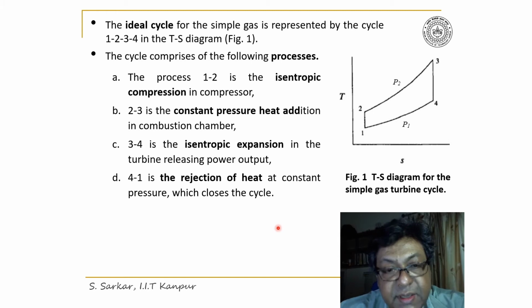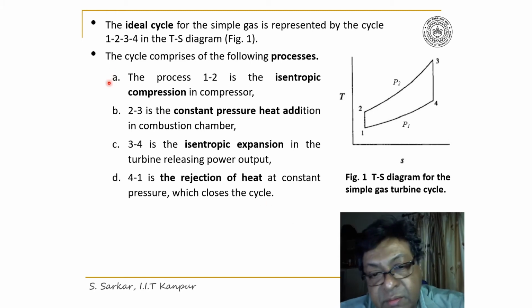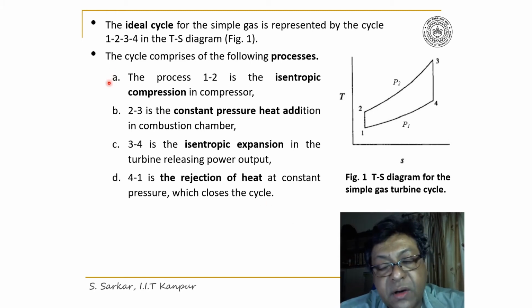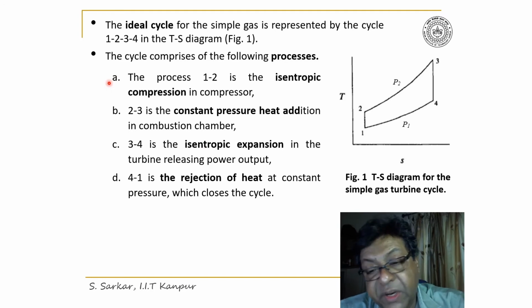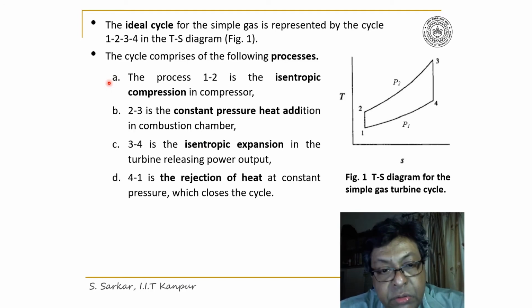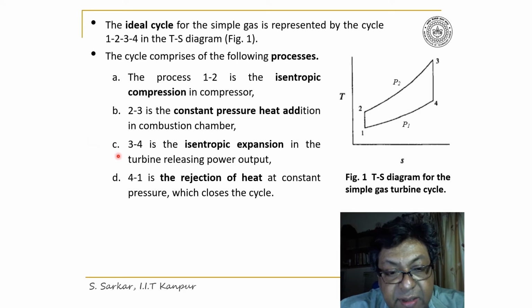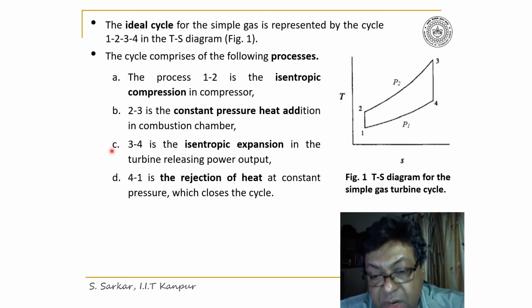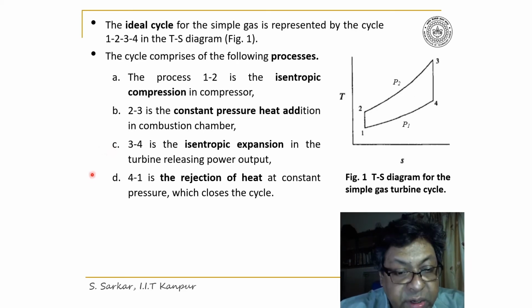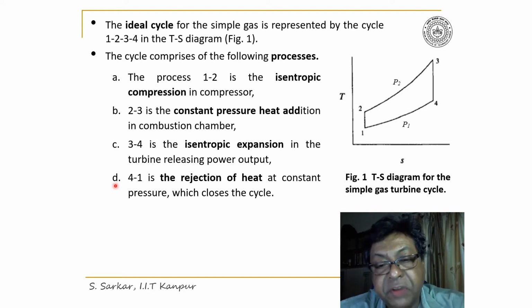Process 1-2 represents the isentropic compression in the compressor. 2-3 is the constant pressure heat addition in the combustion chamber. 3-4 is the isentropic expansion releasing power. And 4-1 is the rejection of heat at constant pressure, which closes the cycle.